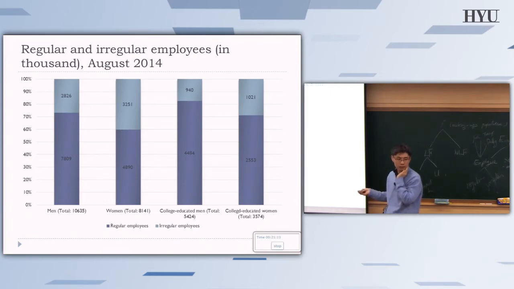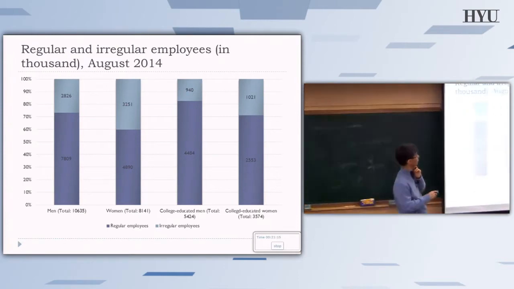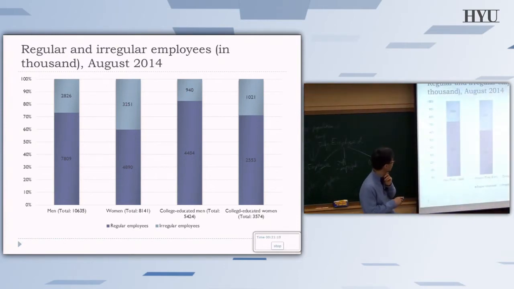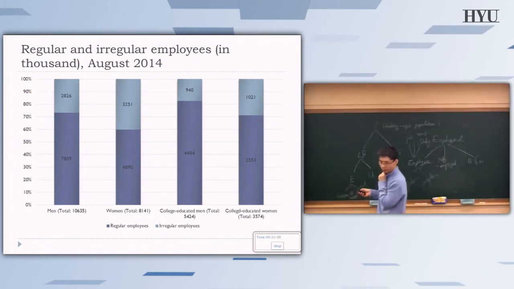About 60% are regular employees and 40% are irregular employees. If you're a college-educated man, more than 80% are regular employees, and for college-educated women, about 70%. So higher education gives you a better chance of being a regular employee. Okay? Questions?